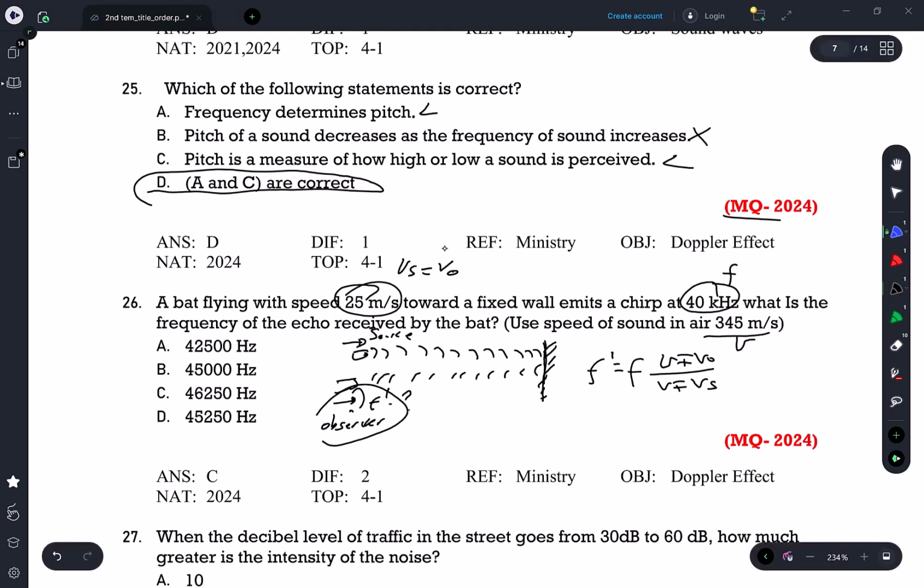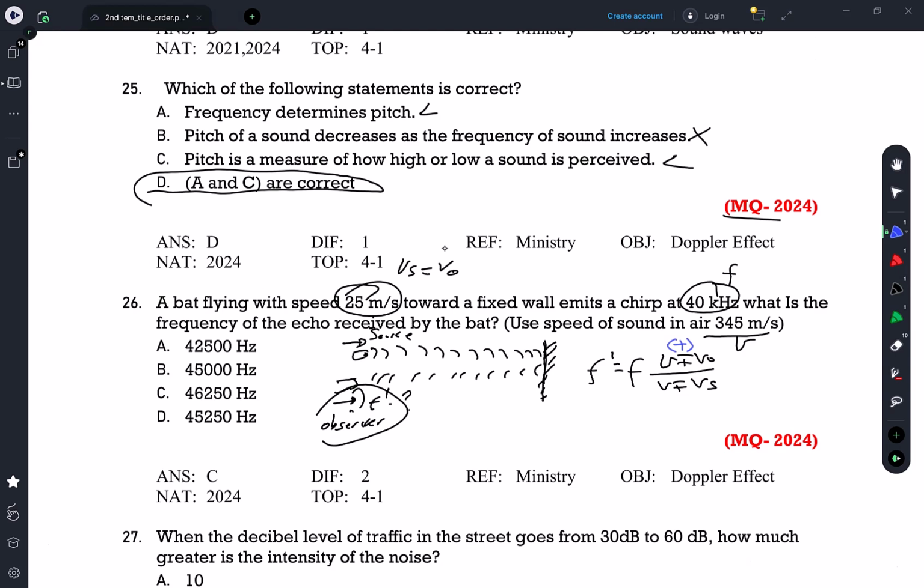To get a smaller denominator, this must be negative. Sorry, I did that wrong. I'm talking about the observer. The observer bat is approaching, so the pitch must rise. If it is rising, the numerator must increase. To increase that, it must be positive.